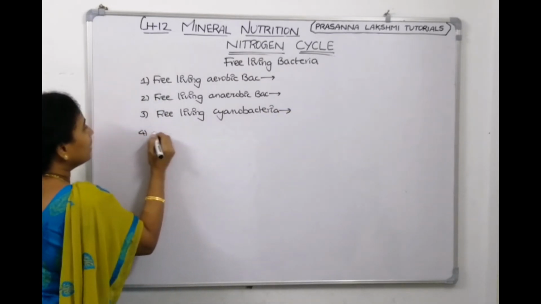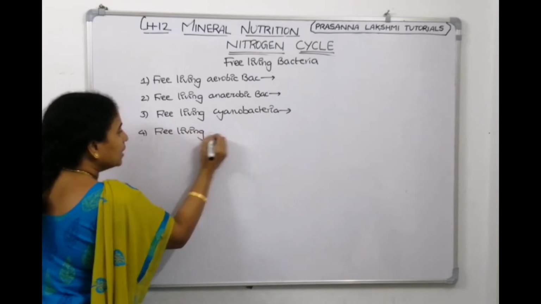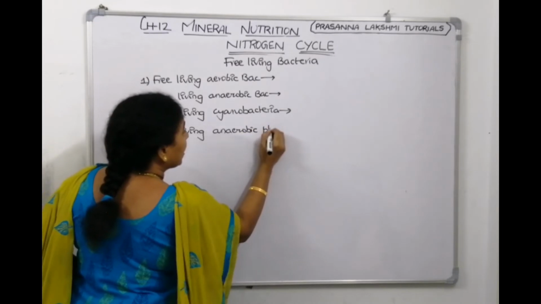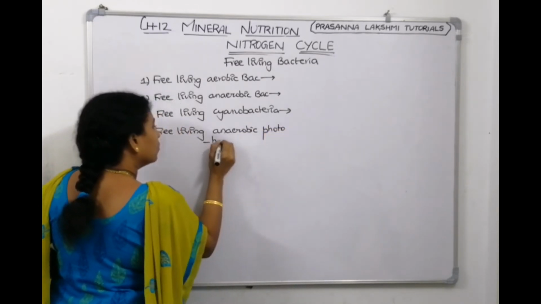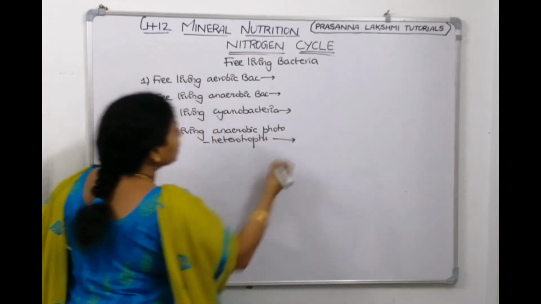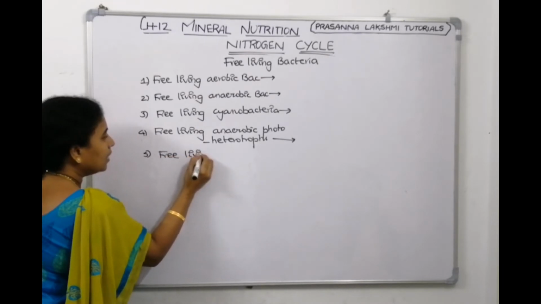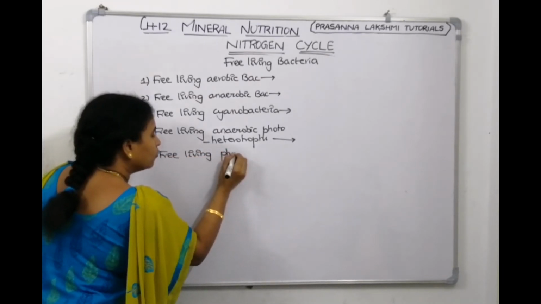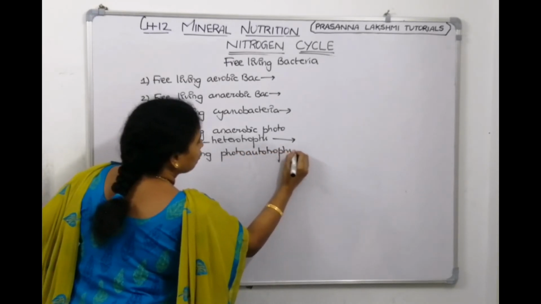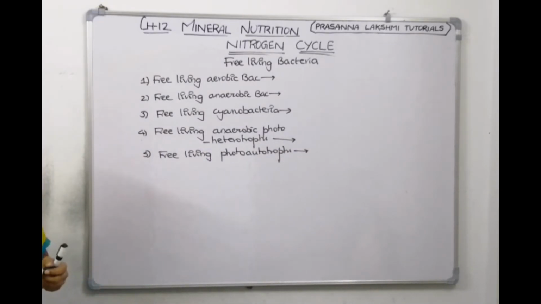The next category, all free living only, is anaerobic photoheterotrophs. What is that? We will list it down. Next will be free living photoautotrophic bacteria. All this we need to see one by one.